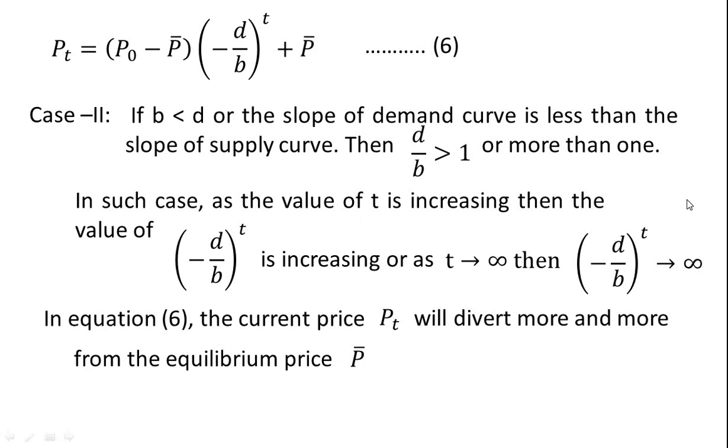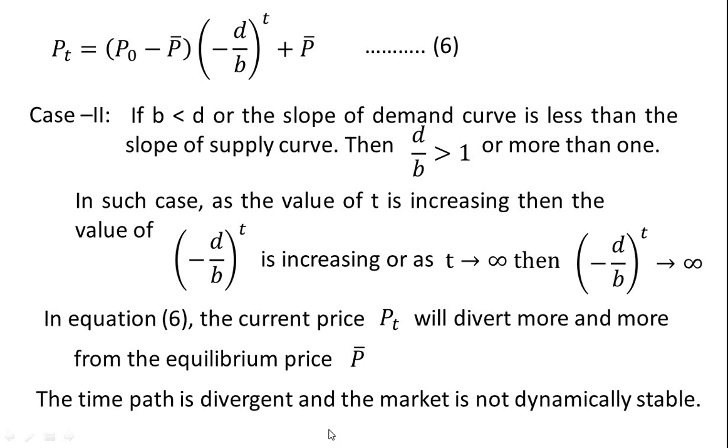If the value of minus d by b whole to the power t is increasing, then in equation 6 the current price Pt will diverge more and more from the equilibrium price P bar, and so the time path is divergent and the market is not dynamically stable, or dynamically unstable.